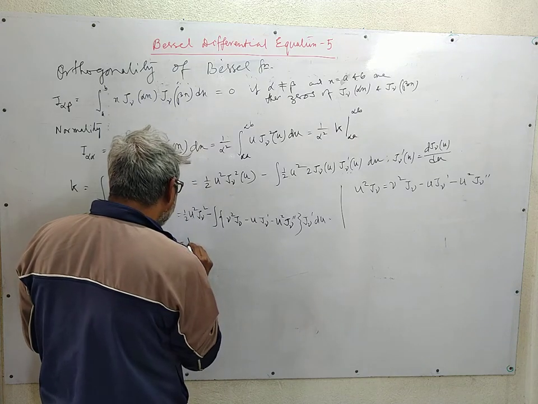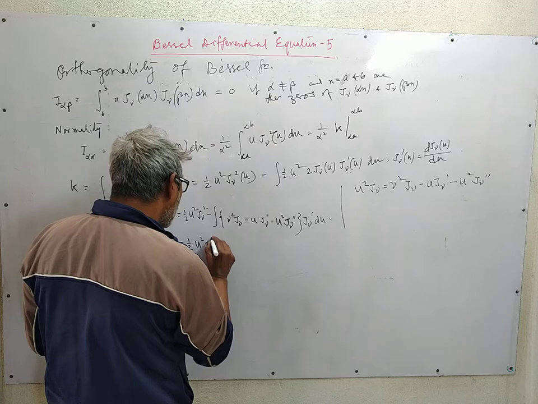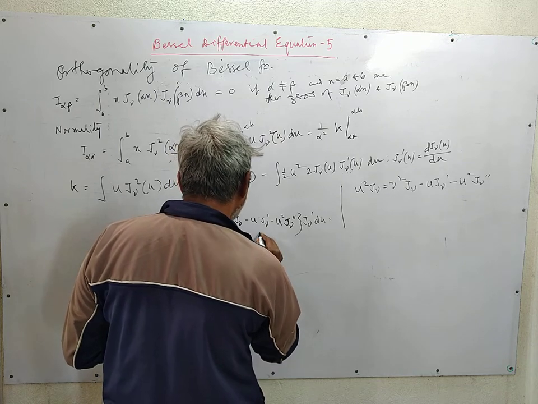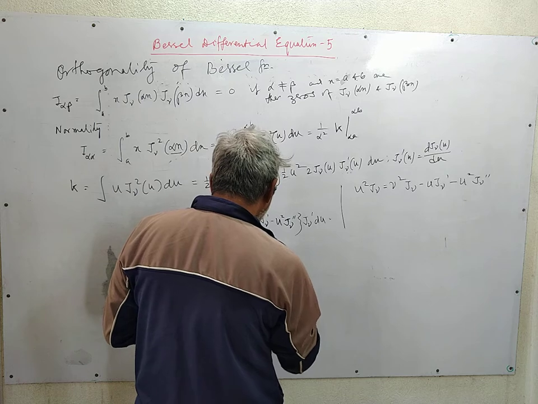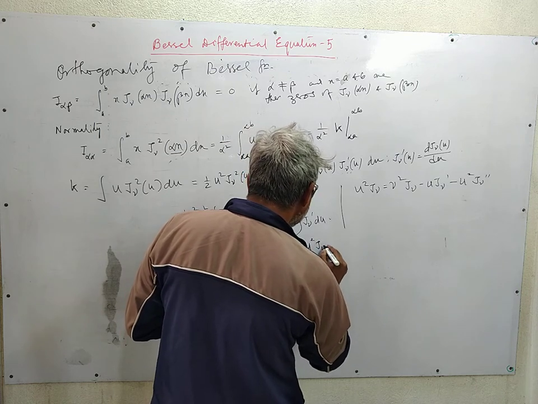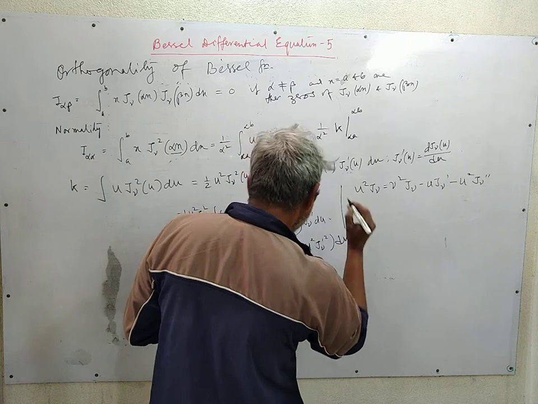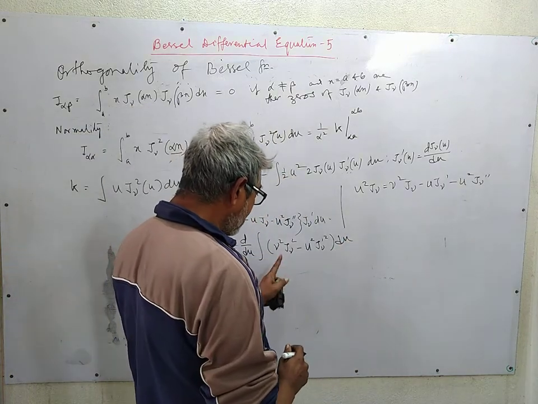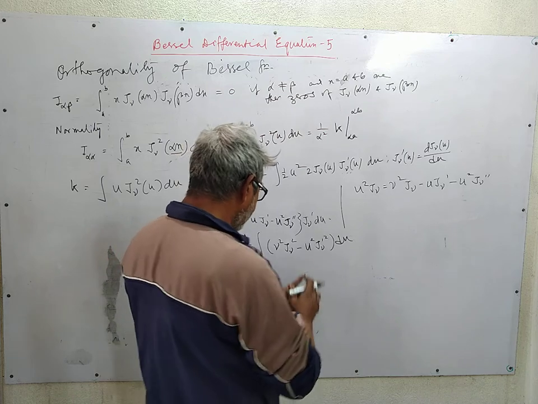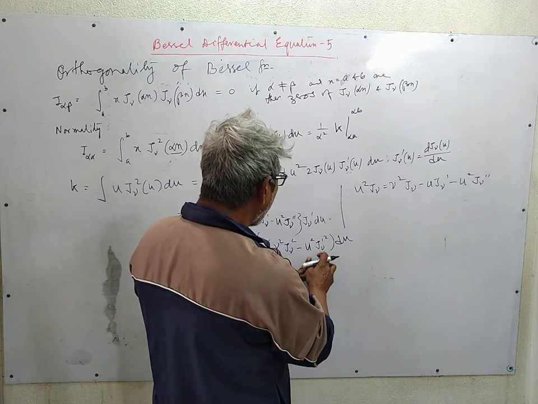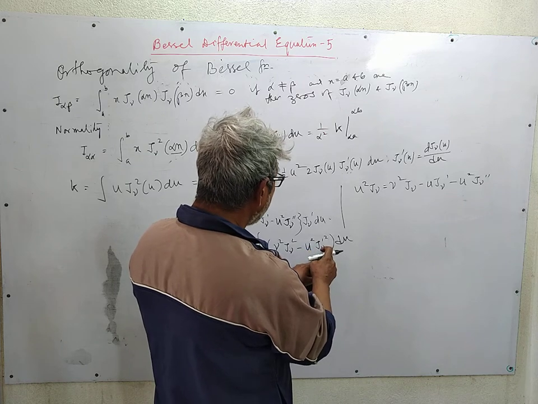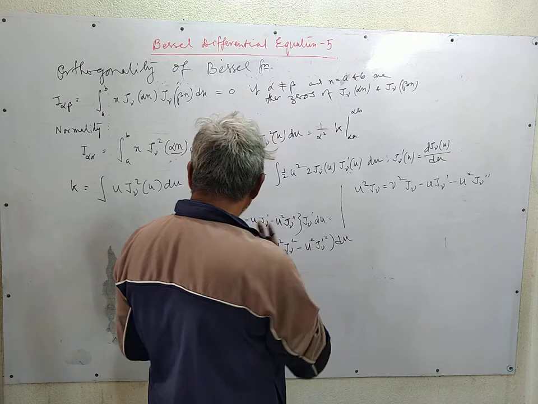Now see that this can be written as half u square J_nu square minus half d/du of something. If we differentiate first term, this is 2 nu square J_nu J_nu prime. Here is J_nu and J_nu prime. If we differentiate this term, the first term is twice u J_nu prime square. So u J_nu prime square. And if we differentiate this, it is u square J_nu prime J_nu double prime, and half factor is being adjusted.